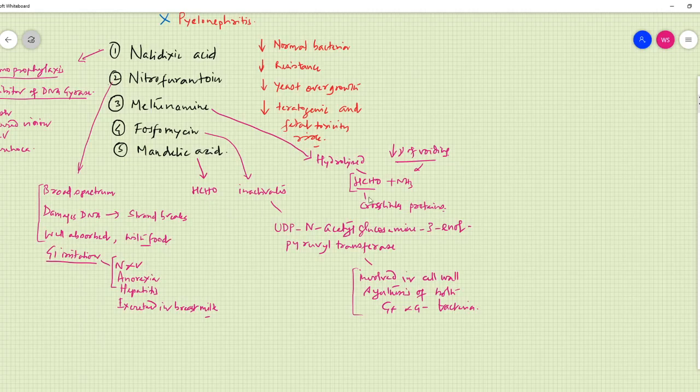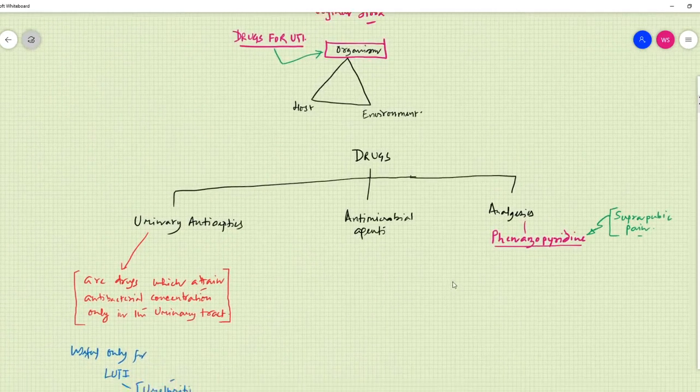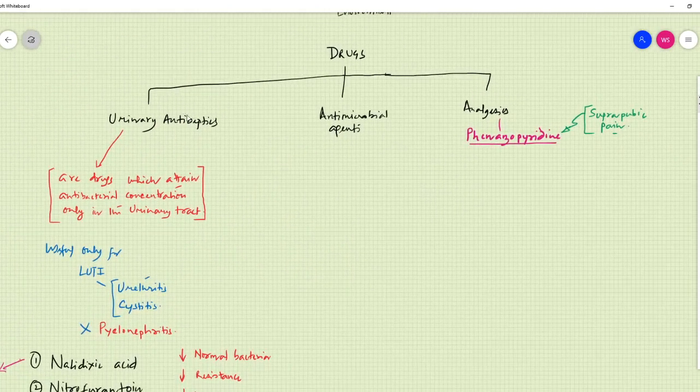But of these two drugs, this ammonia is toxic to the liver. So that's the problem with these drugs. It forms formaldehyde plus ammonia, and this ammonia is toxic to the liver. So that is the first class of drugs that we have talked about, which are urinary antiseptics.